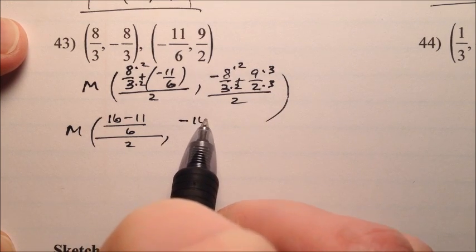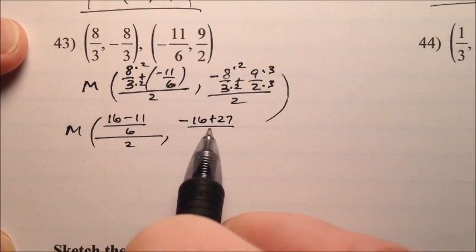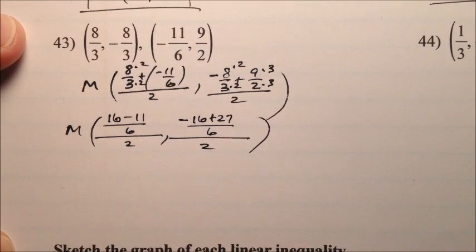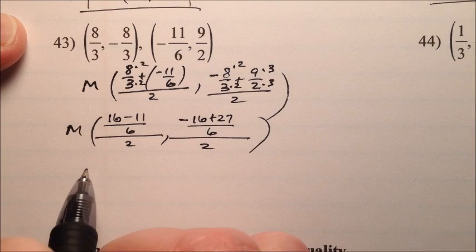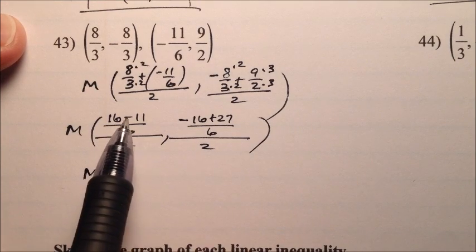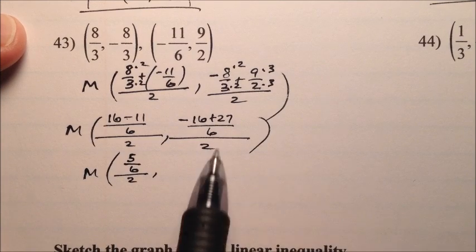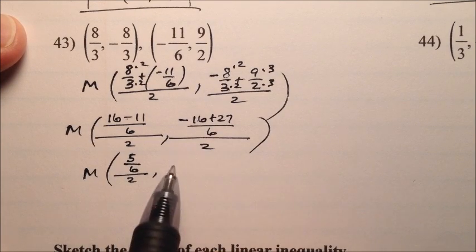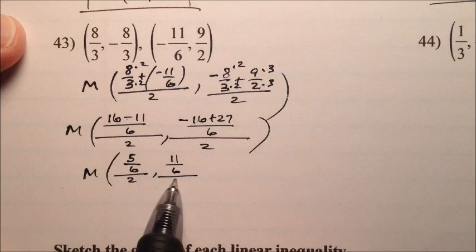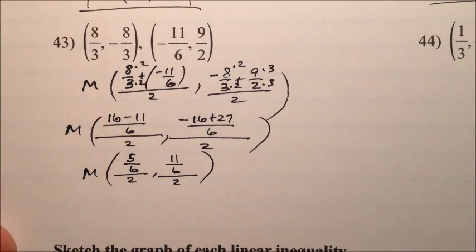So we'll have negative 16 plus 27 over 6, and all that cut in half. Okay, so 16 minus 11 will be 5 sixths, and then that'll be cut in half. And then negative 16 plus 27 is 11 sixths, and that'll be cut in half.